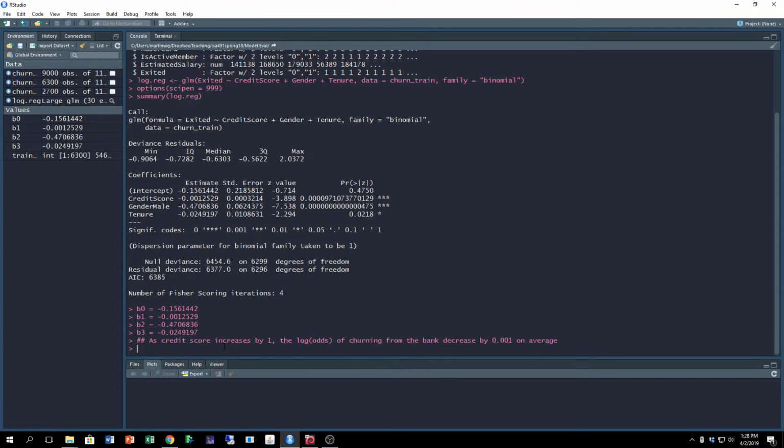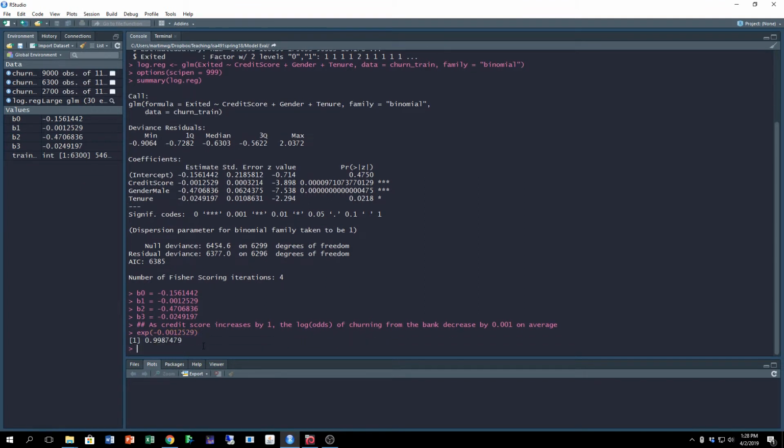So one thing we could do is raise this value to the e power, and we can see exactly what that value is. And just remember that in order to get the opposite of the log, which means when we want to take out the log function, we would change the other values to be the exponential.